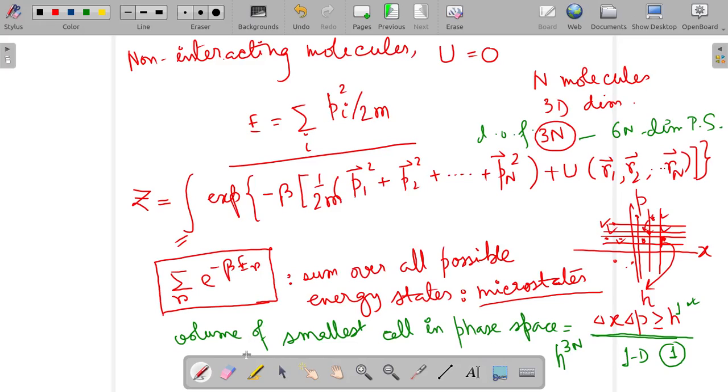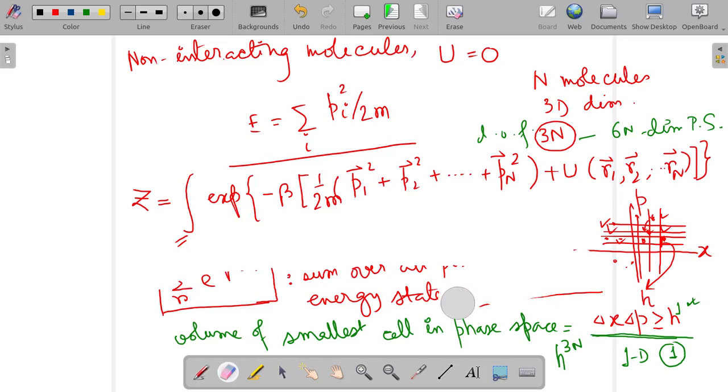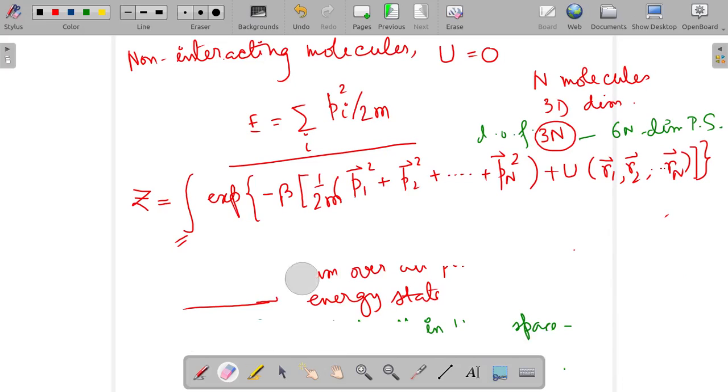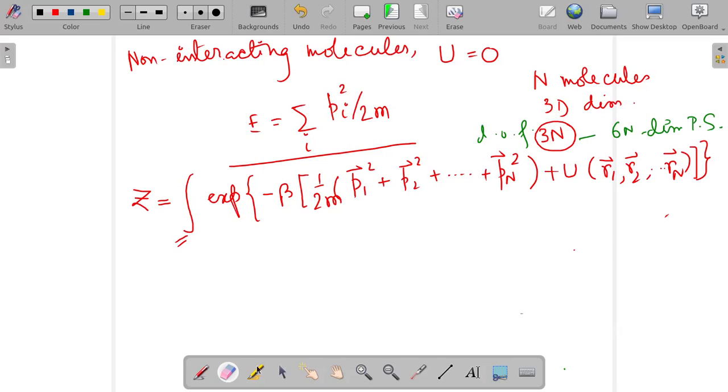Hence সুতরাং ইন্টিগ্রেশনটা হবে over a certain region of the phase space। তাহলে what will be the area of that certain phase space region?